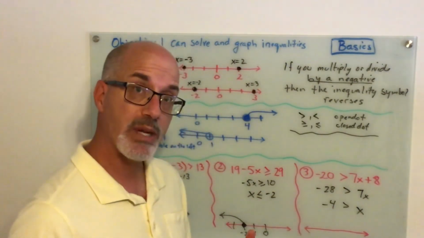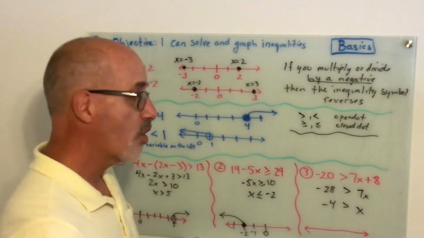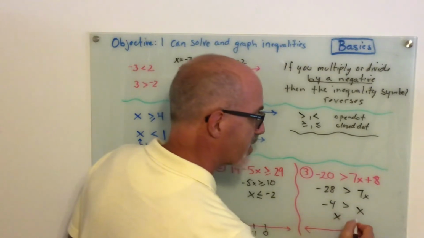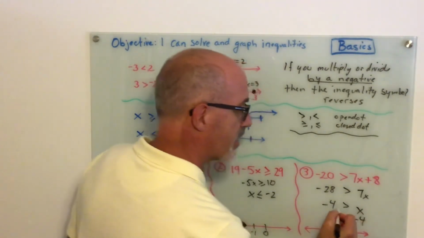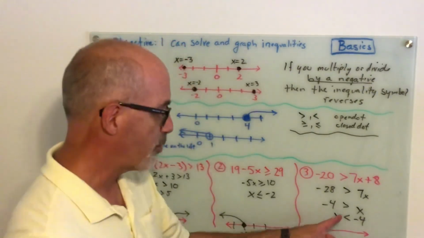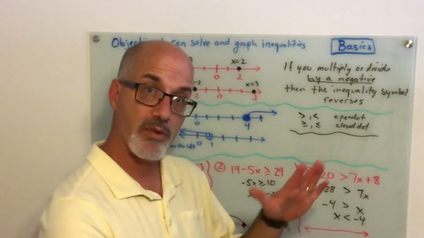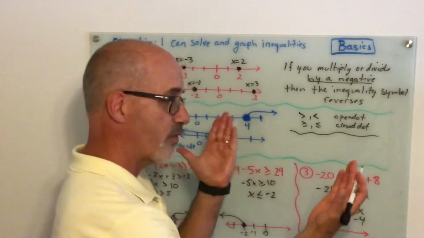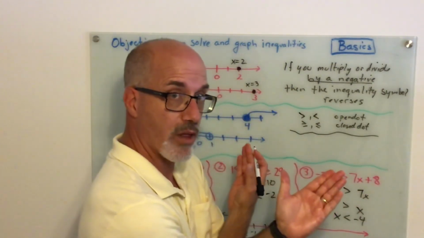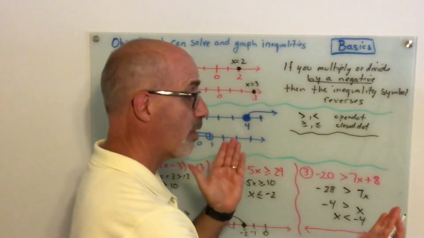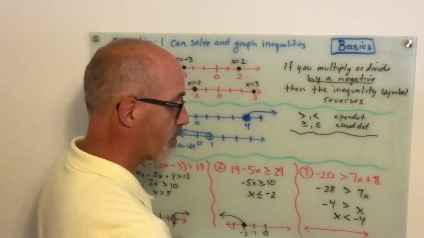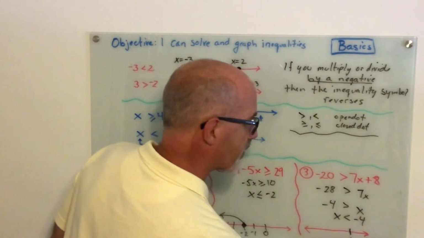So you can read it from the x in that direction. Or if I want to write it with the variable on this side, notice that the inequality symbol direction has to follow the x. It's pointing toward the x, so I'm going to reverse it in this case. So if you swap sides, because order makes a difference with inequality, then that inequality symbol also has to swap sides if you switch their order. So let's go ahead and graph that.